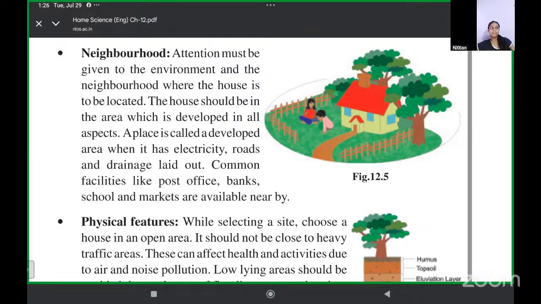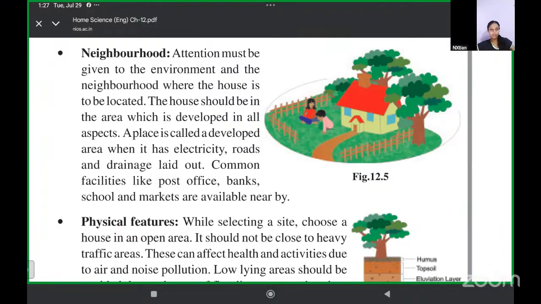So it should be a developed area. It shouldn't be that drainage is not there, so every time it rains, your colony will flood. Or if proper electricity supply is not there, then half the day you will be in darkness. If the roads are not there, then you will have problems every time you go here and there.